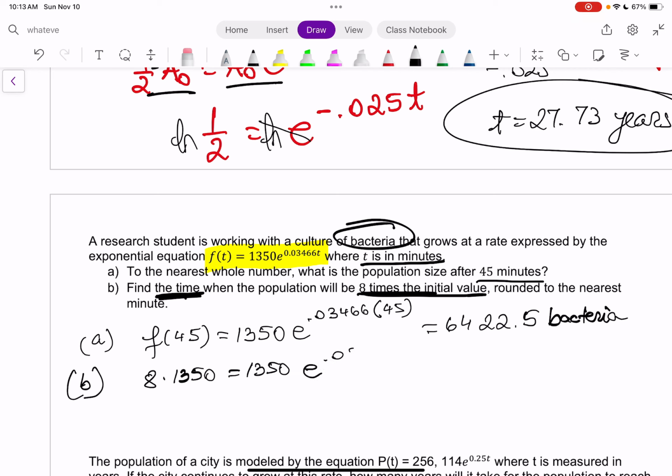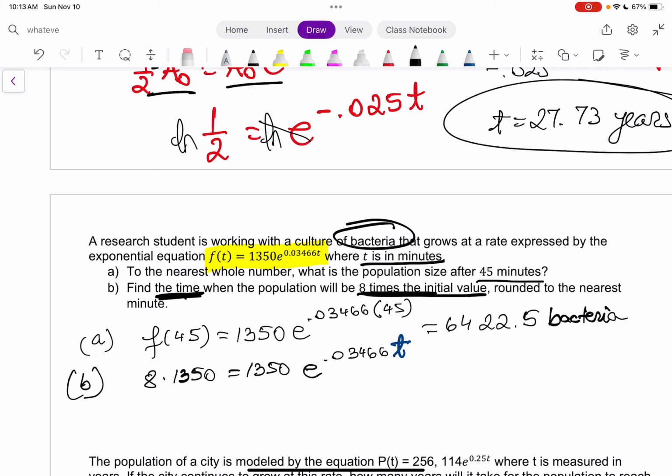The rate is 0.03466, but it's the time that we're missing this time. So this time we don't know the time, but we know the amount that we want to get to is going to be 8 times. It's like the doubling time or whatever, but it's not the doubling time. It's the 8 times time.